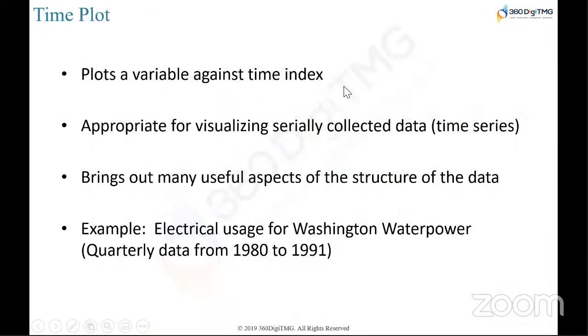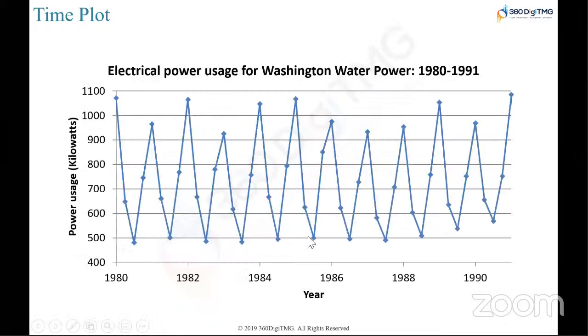Subsequently, what a time plot is: it plots a variable against the time index, appropriate for visualizing serially collected data or time series data, and brings out many useful aspects of the structure of data. Example, electrical usage, we have seen this.